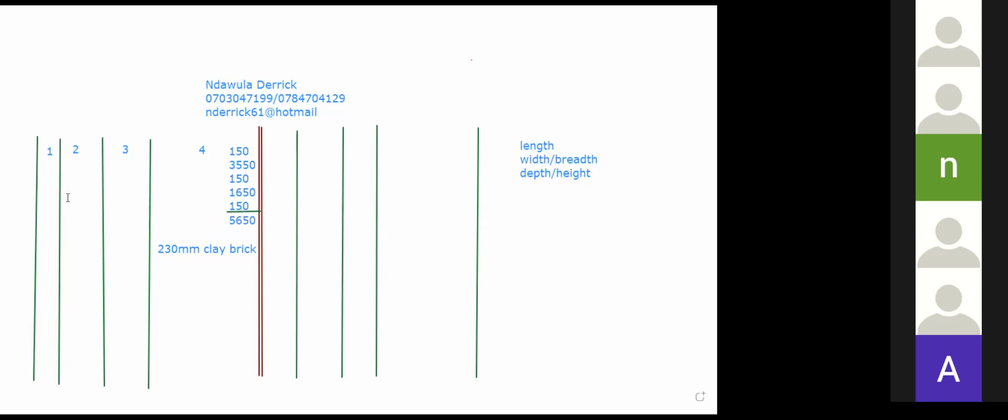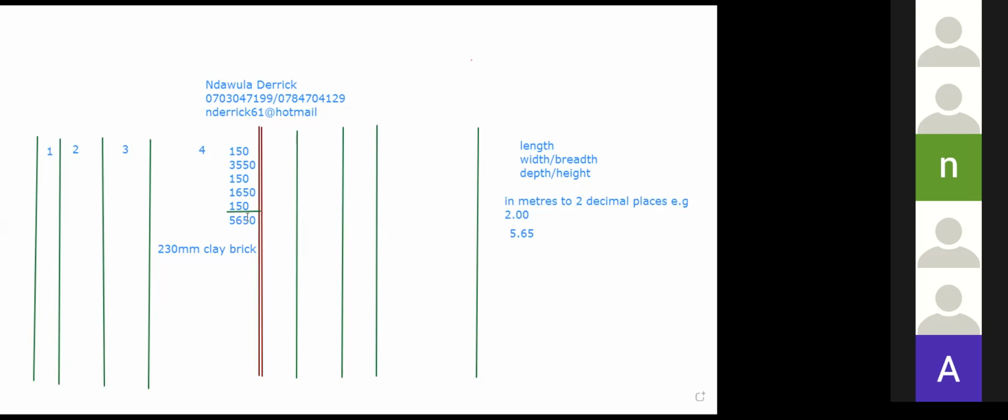But when we're entering in the dimension column, which is our second column, we enter in meters, to two decimal places, e.g., say 2.00. For example, if I was to enter this 5650, I would enter 5.65. That's what I would enter in my dimension column.